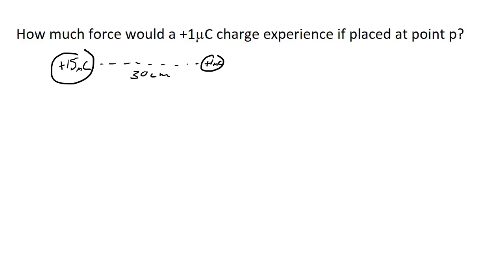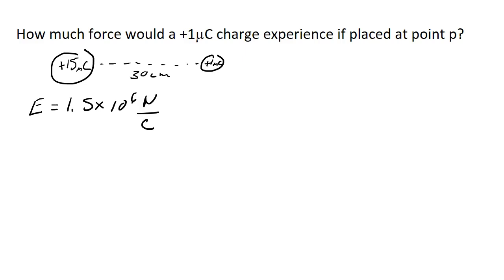We could solve this question as we did before using Coulomb's law, but in the previous question we found that the electric field strength at point P was 1.5 times 10 to the 6th newtons per coulomb. So we know that for every coulomb of charge at that point, it's going to feel 1.5 times 10 to the 6th newtons of force.